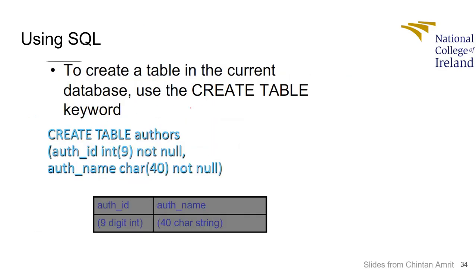To create a table, we can use the CREATE TABLE keyword. We give it a name, authors, and then we have the column author ID, and we specify the data type as an integer, 9 digits long, and we also specify that it cannot be null.